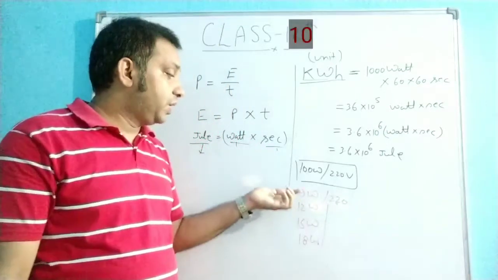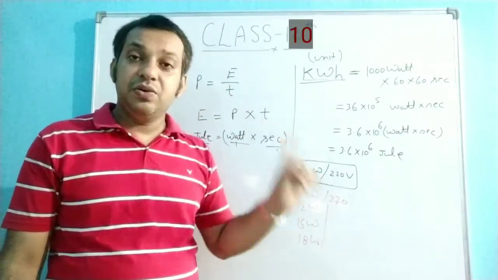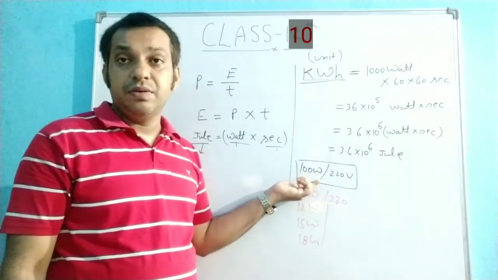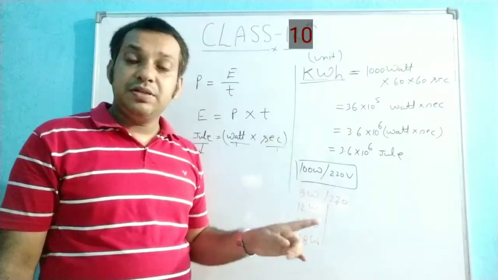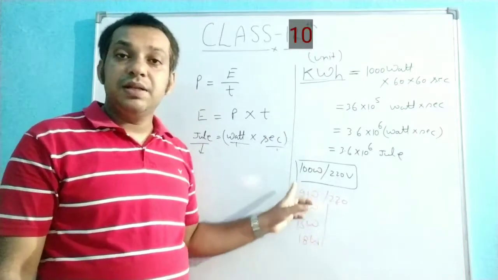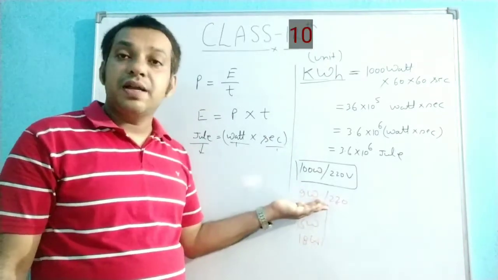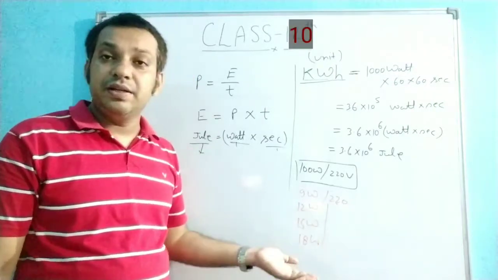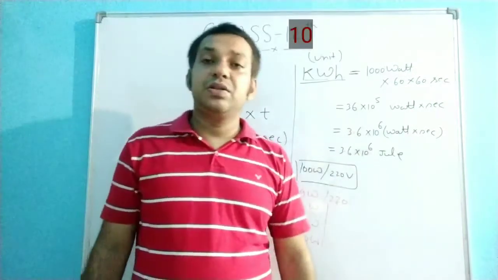Here you can see that in unit time, the power consumption by the old bulb is 100 watt, while in unit time, the power consumption by the LED bulbs is only 9 watt, only 12 watt, only 15 watt, only 18 watt, depending upon the rating mentioned on the bulb.